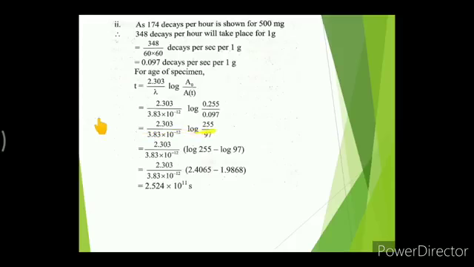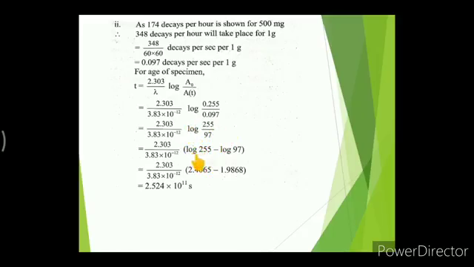When we are solving 0.255 upon 0.097, we are getting 255 upon 97 only, and hence let's solve this much by using the log calculation.